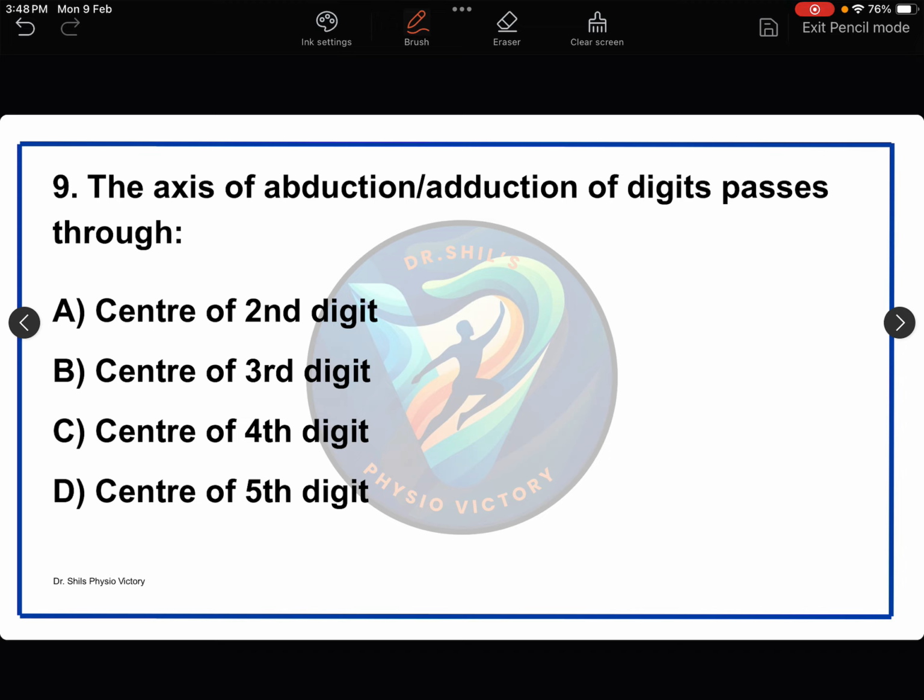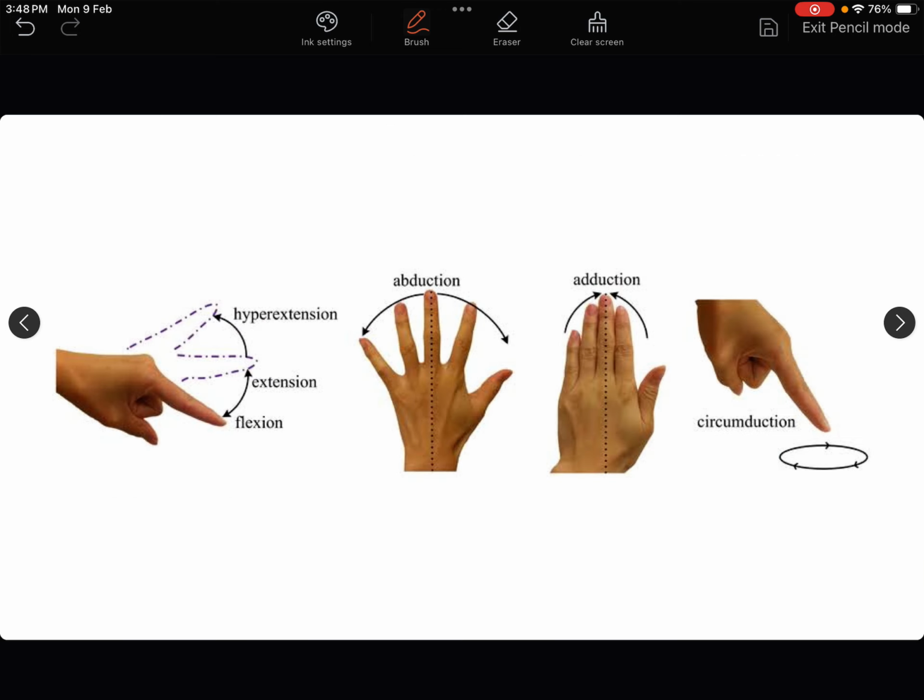Here the correct answer is option B center of third digit. This is the third digit. Away from third digit is abduction, and towards the third digit is adduction.